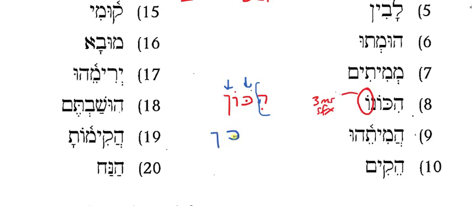Okay, so qof nun. If this is hollow, it's going to be kun or kin. It'll be shureq here or hireq yod. And you'll just need to now look at your vocab list. Which one of those shows up as a vocab word? Kun, right? And this is on page 282. So kun is in fact a hollow verb, okay? And so this hey could be a niphal, hiphil, or a hophal hey. In the niphal, where do I see the hey?